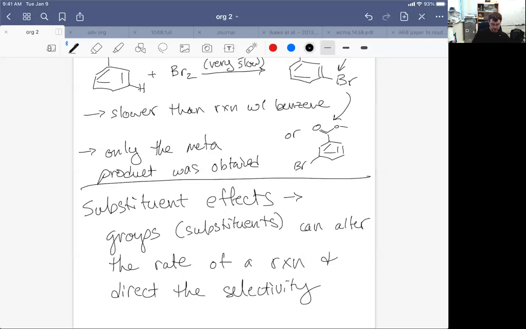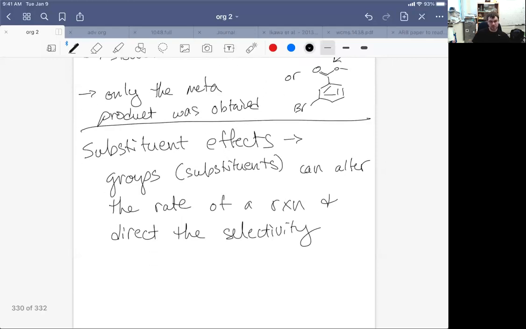Okay, now a key way of thinking about substituent effects is to think about what they do to the electronics of a molecule, or how they influence the electrons that are reacting within a molecule. These happen to be electron donating or withdrawing substituents.